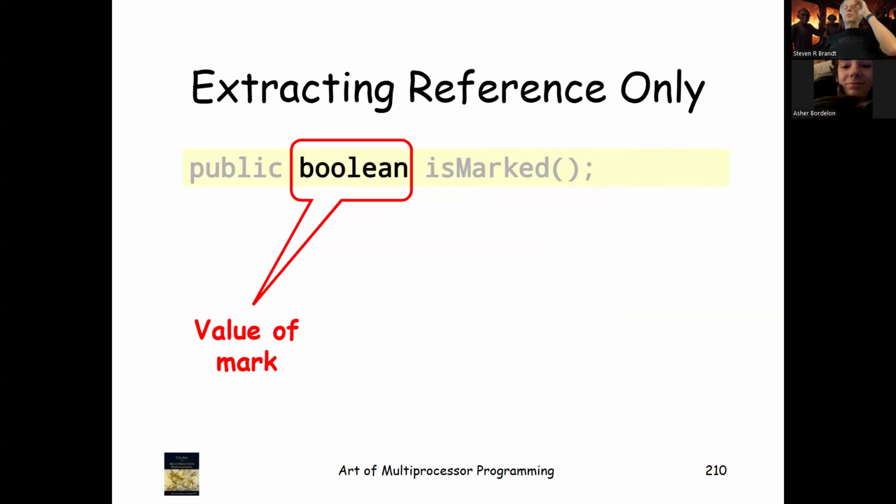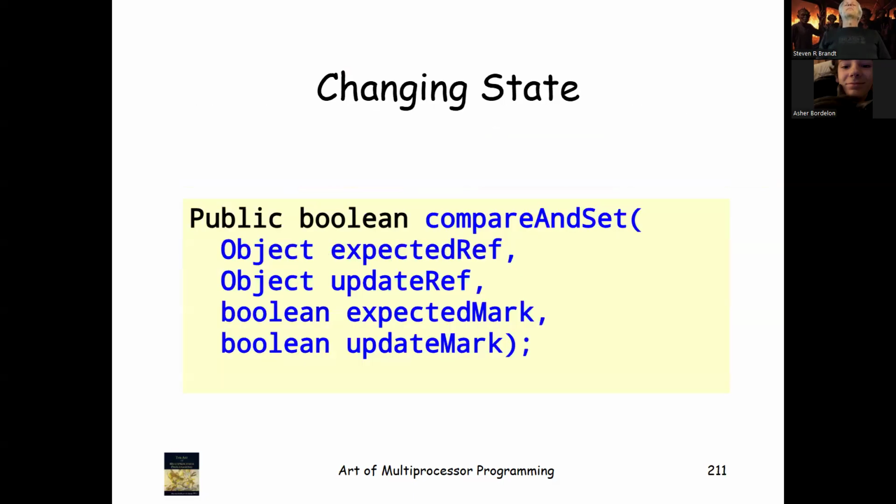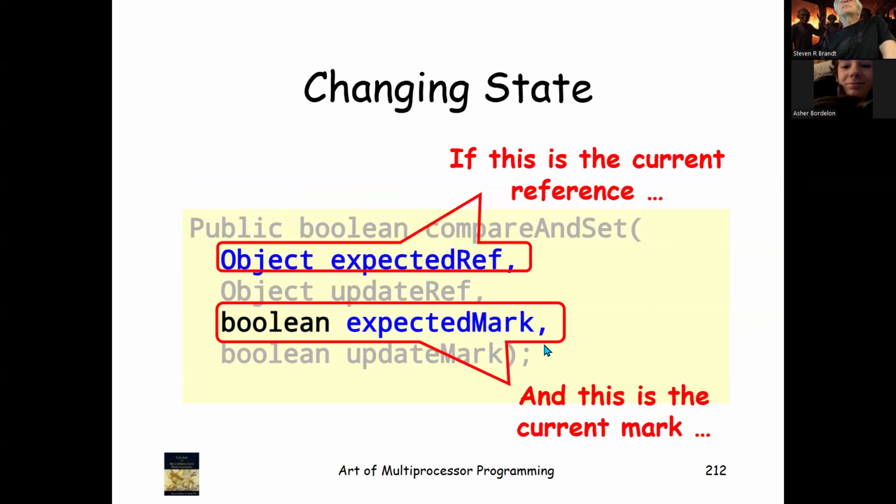You can also call isMarked, which will just get the status of the mark bit. And for changing state, compareAndSet takes four arguments: the expected reference and updated reference, and the expected mark and the updated mark. So we can do those things atomically at the same time.